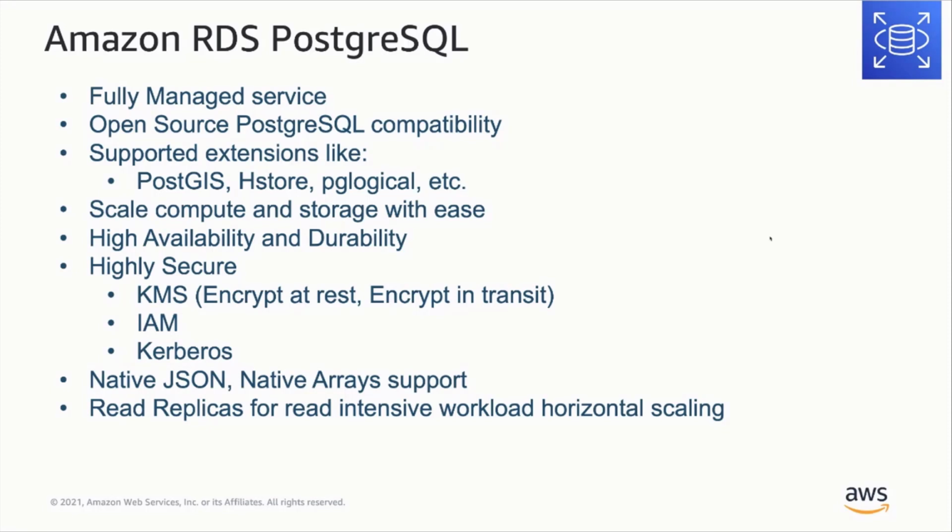When it comes to security, the service can integrate with other AWS services. For example, it can integrate with IAM, and the service itself is deployed securely in a dedicated VPC. It also supports KMS for encryption at rest, encryption in transit, and it supports Kerberos.